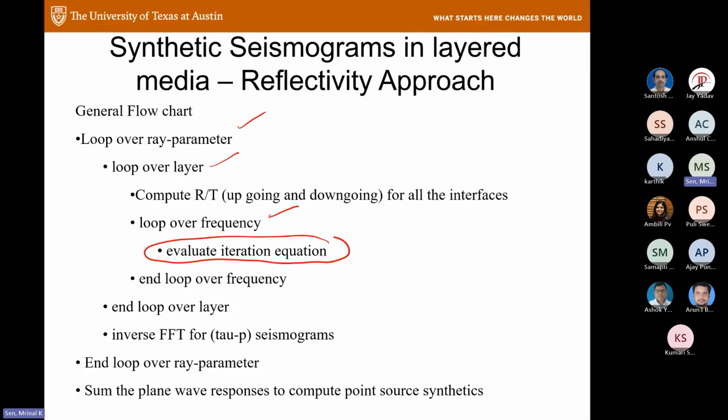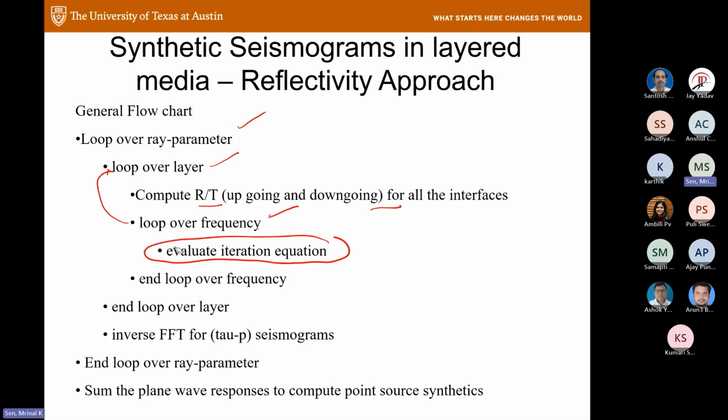It will not make any difference. However, this particular loop that I have here, I have the frequency loop as the innermost loop. Okay, and that means that I'm assuming that my velocities are independent of frequency, right? Because I'm computing the reflection coefficient before I'm putting it in the frequency loop. But if you want to include Q here, which is frequency dependent, you simply have to swap these two loops. Okay.